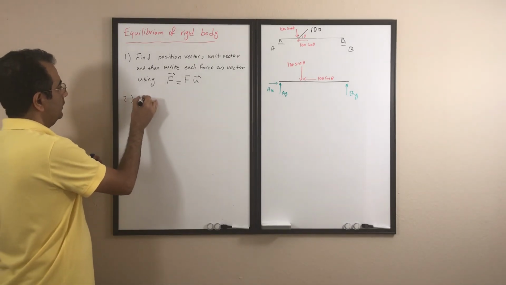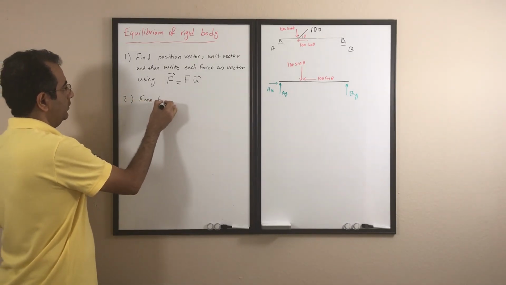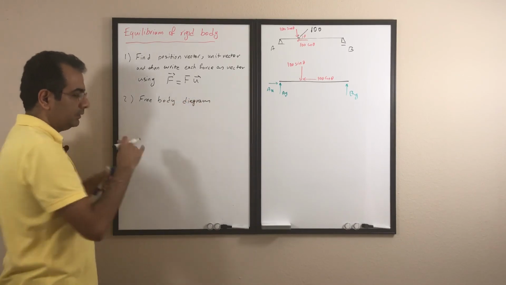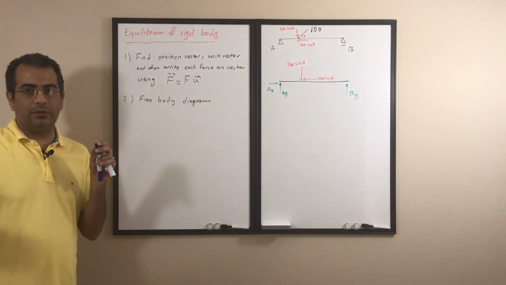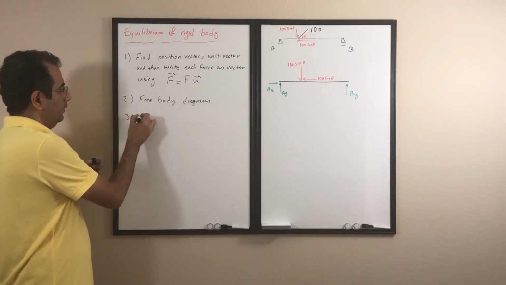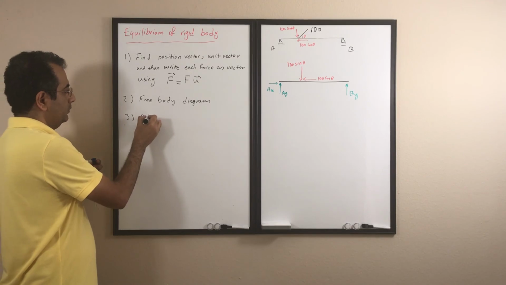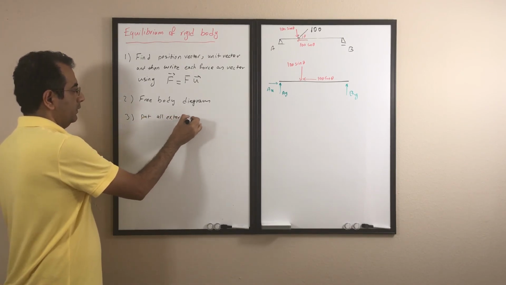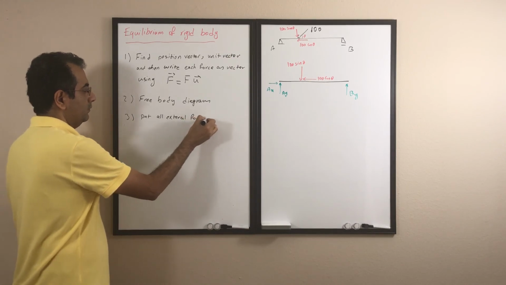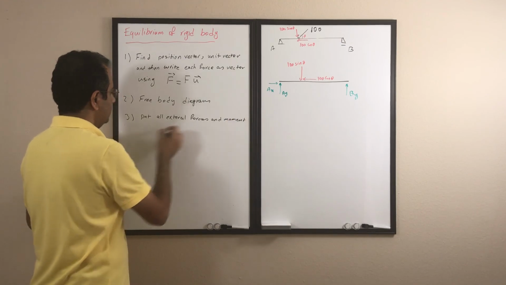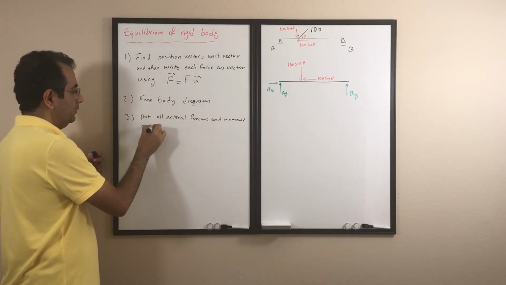So do the free body diagram. Remove all the forces, all the connections, everything from the diagram, just the free body diagram. Then put all external forces and moments on the body.